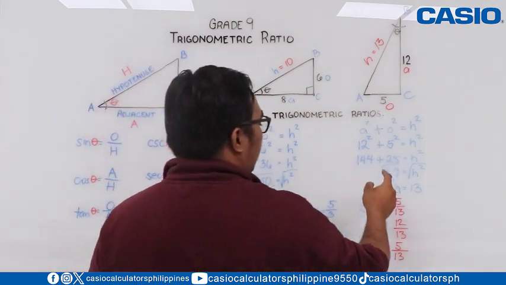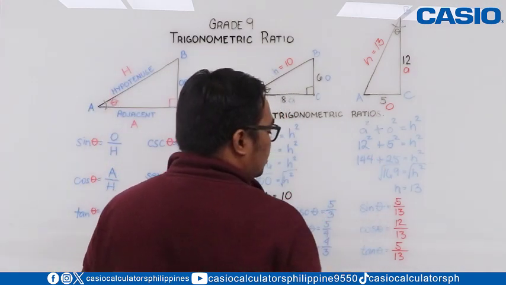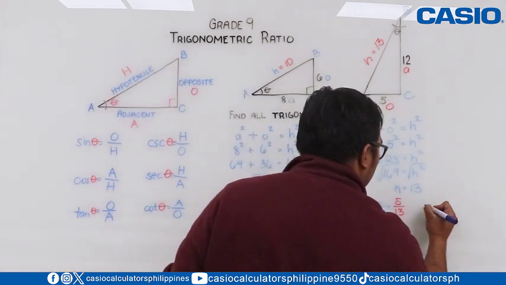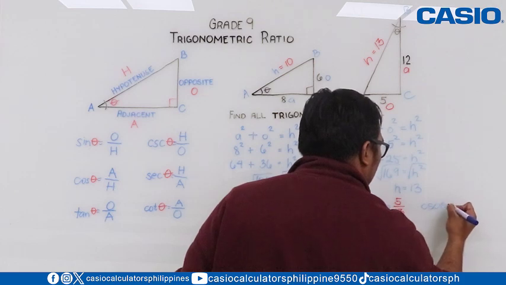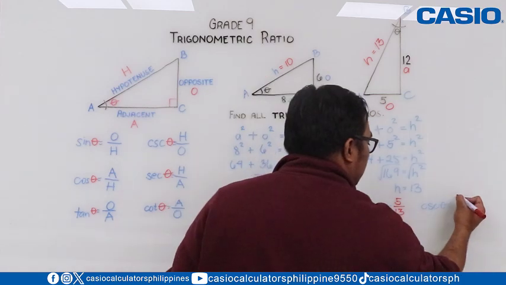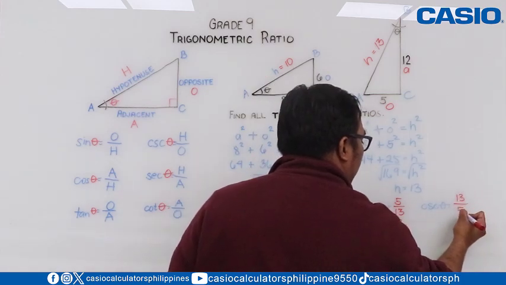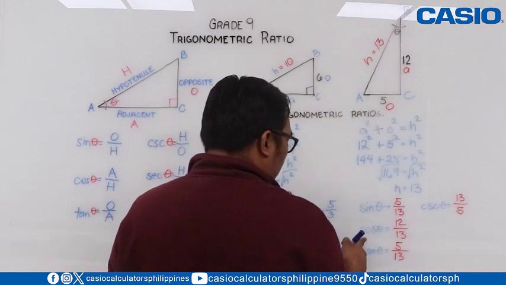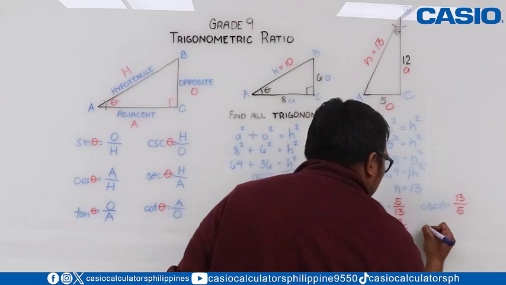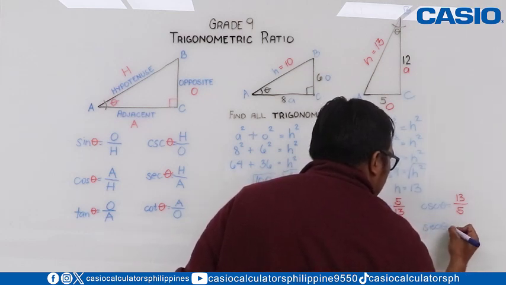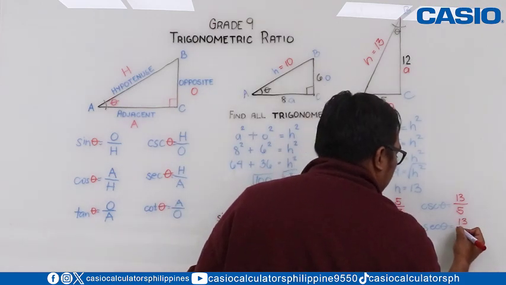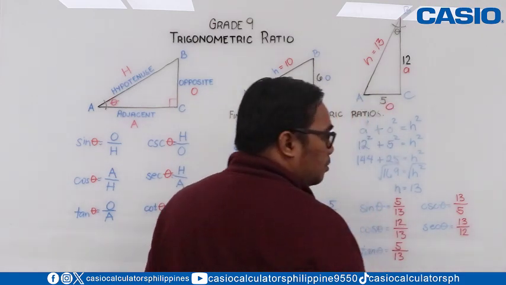Now, let's now get the reciprocal function of sine, cosine, and tangent. So the reciprocal of sine is cosecant theta. So therefore, the reciprocal of 5 over 13 is 13 over 5. While the reciprocal of cosine is the secant. So that will be secant theta is equal to the reciprocal of 12 over 13, which gives us 13 over 12.